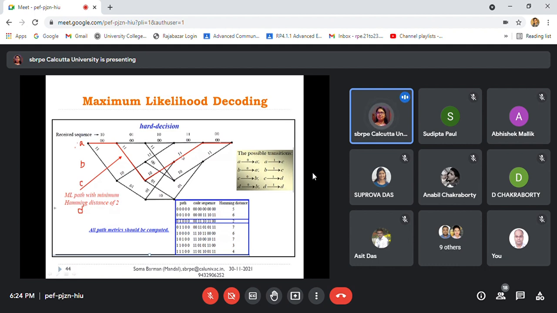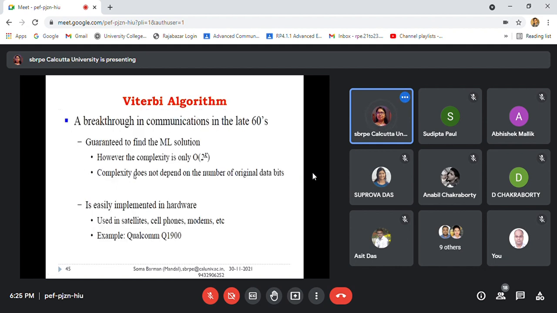That is 1 1, that is B. So for this case, A to B, and B to A means the input is also 0. This way you can go right to left, or also left to right. You can go from left to right or right to left. For my convention, left to right is much easier than right to left.